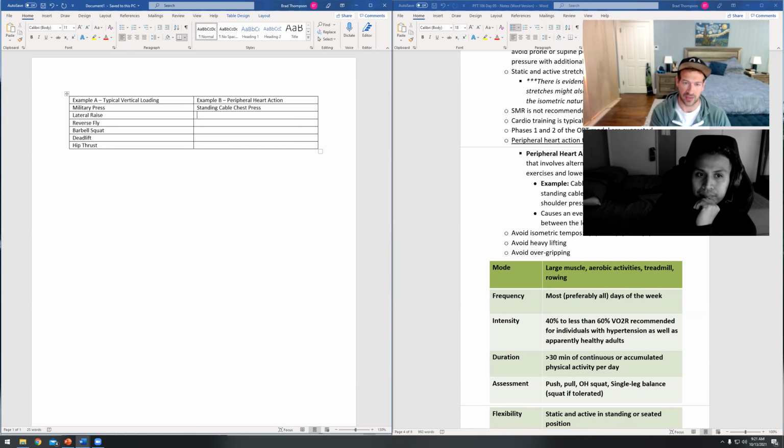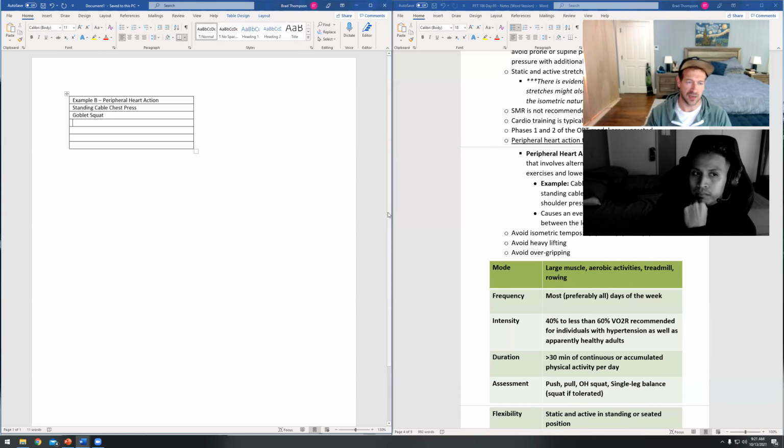and then go with a goblet squat. And then a standing cable row. And then I don't want to change the orientation of their head, so deadlift was not actually a super awesome option. Go with a step up to balance.